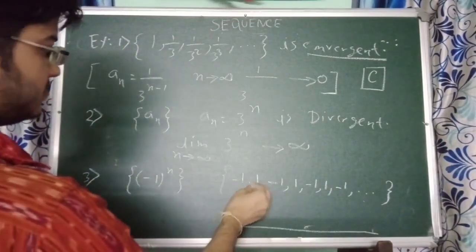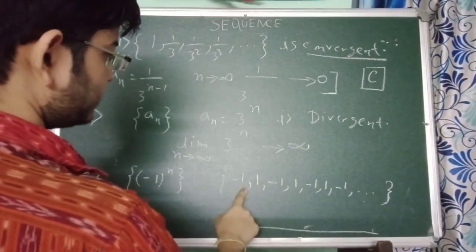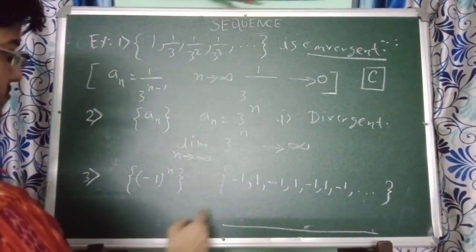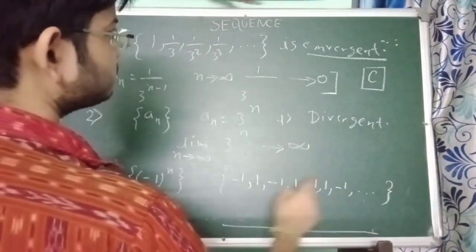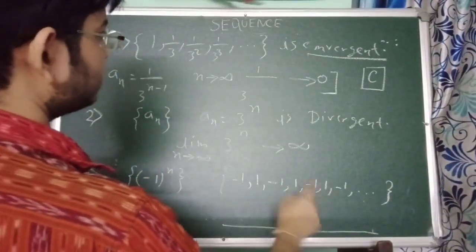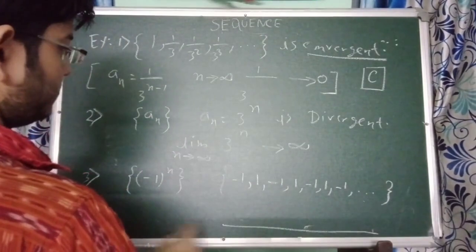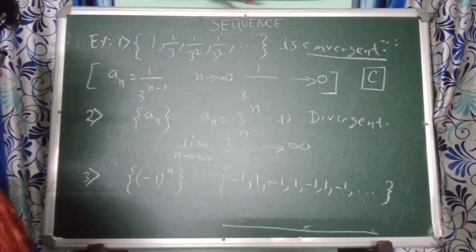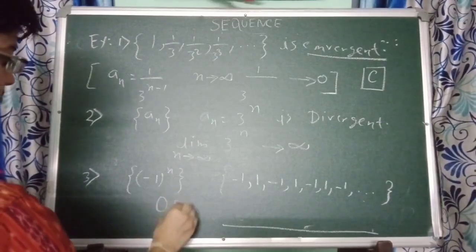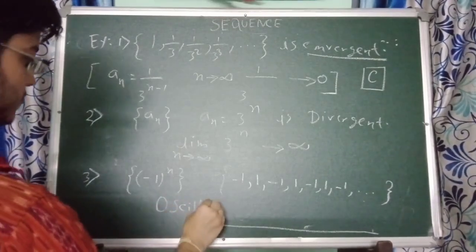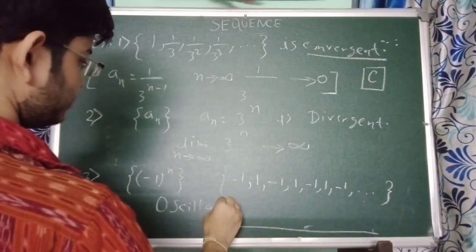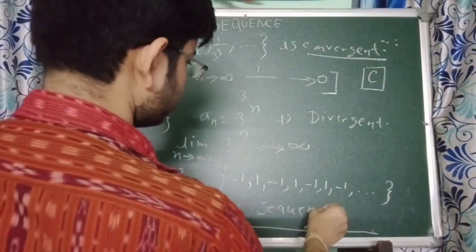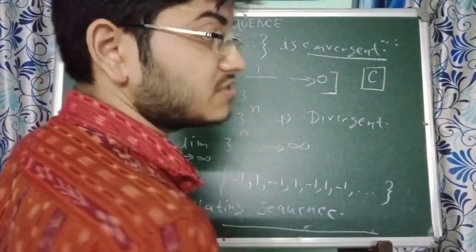So in each case the terms are minus 1, plus 1, minus 1, plus 1. So it neither converges to a particular value nor diverges. So this is an example of an oscillating sequence.